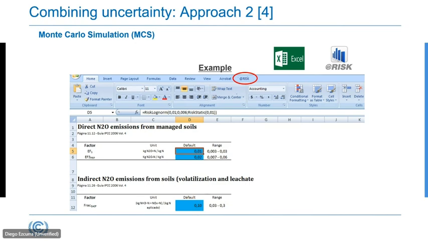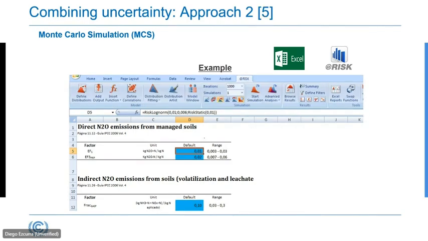From which you can just click, and you see a lot of options related to the Monte Carlo simulation. So this is how a commercial software looks like in reality when you add it to Excel.